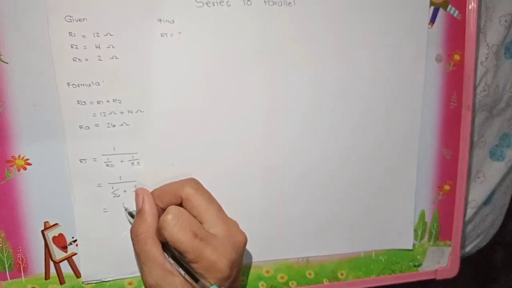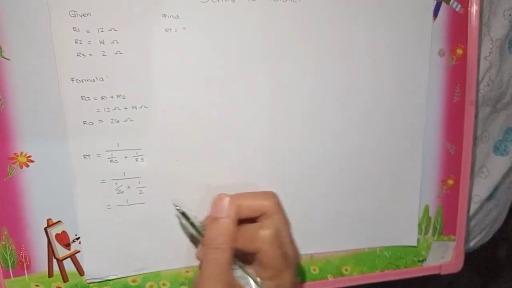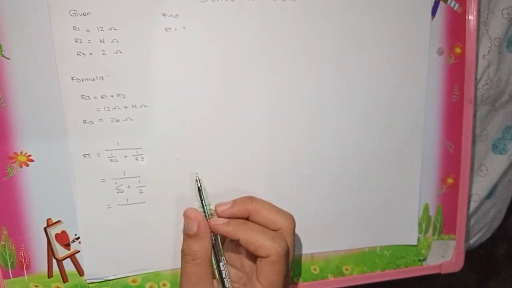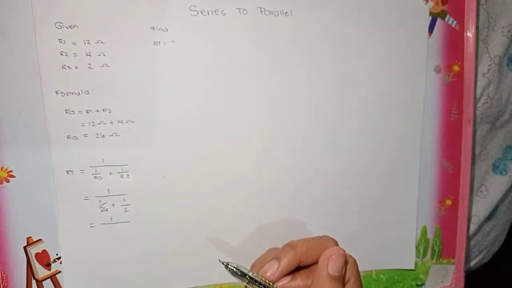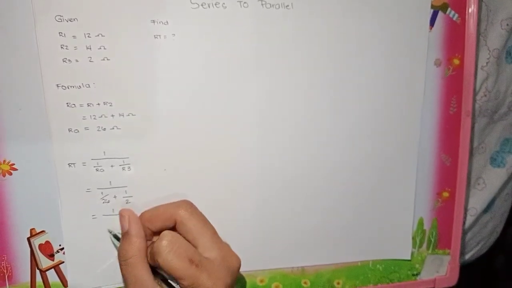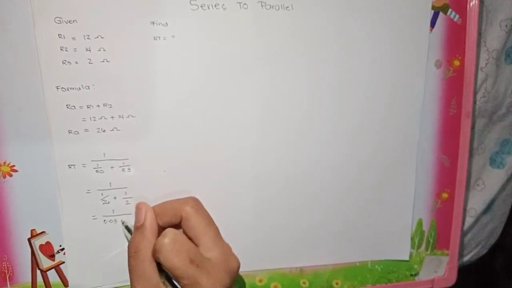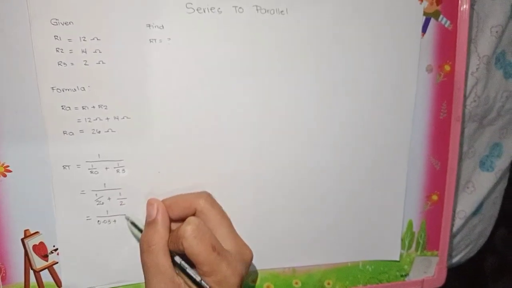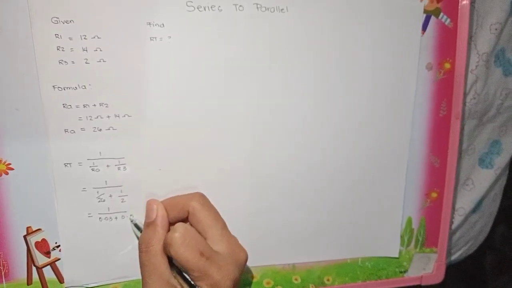Copy the 1 again and then divide the two. 1 divided by 26 is 0.03 plus 1 divided by 2 is 0.5.